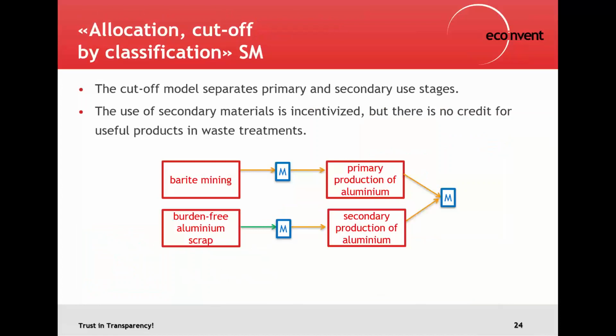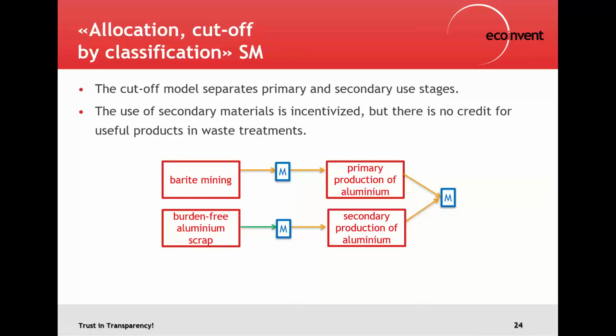So just to summarize, the cutoff system model is separating primary and secondary use phases. The burdens of the primary production will stay with the first use of the product, and because of the cutoff, will not go downstream to the secondary use.